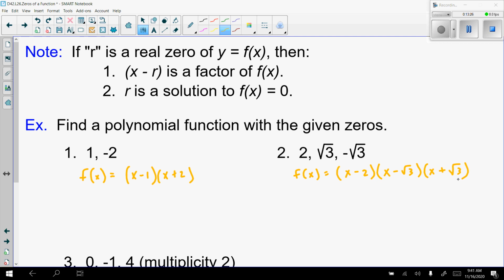However, most directions will ask you to write your function using integer coefficients, which means this and this here are not integers. You would need to multiply at least these two out to get rid of them, which means we would get x minus 2 times, and now if you FOIL out these two, x squared minus 3.